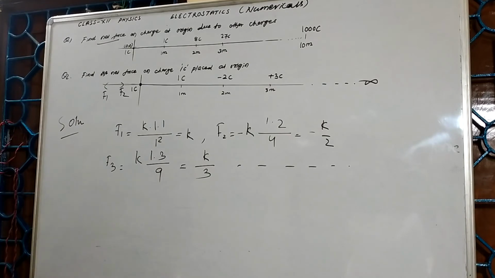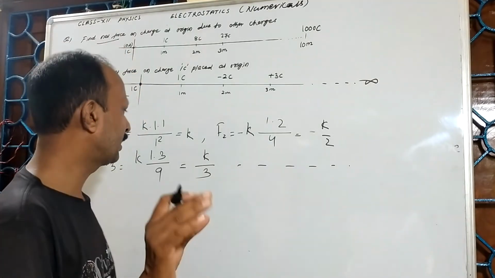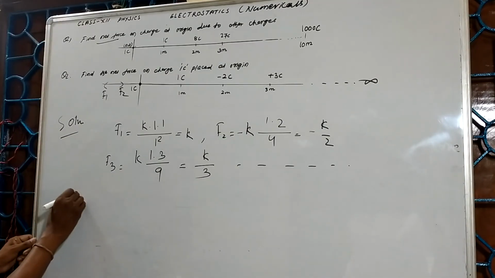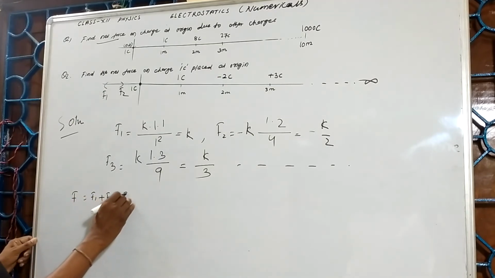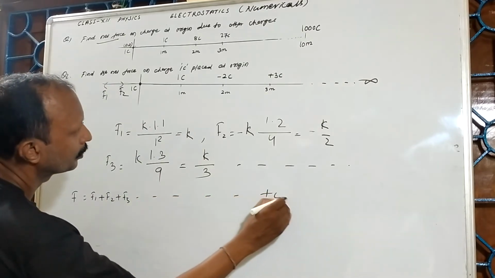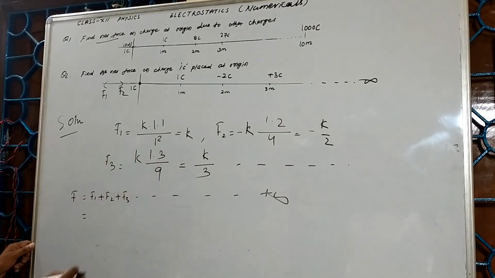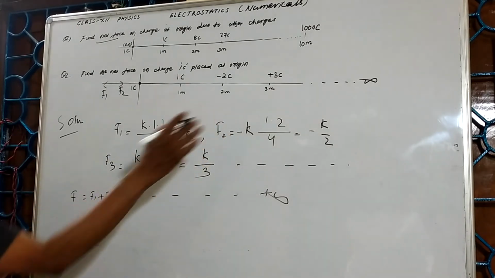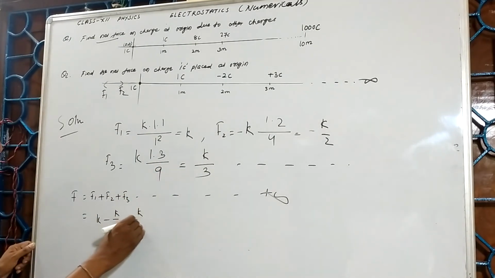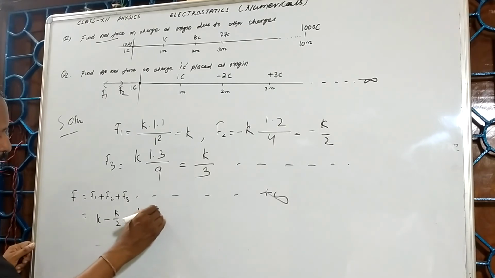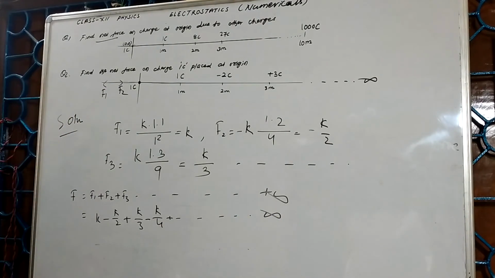Now we have to calculate the net force acting on the 1 coulomb charge. So I can say that F equals F1 plus F2 plus F3 up to infinity, it is given. So I can write K, minus K by 2, plus K by 3, again minus K by 4, like that up to infinity.